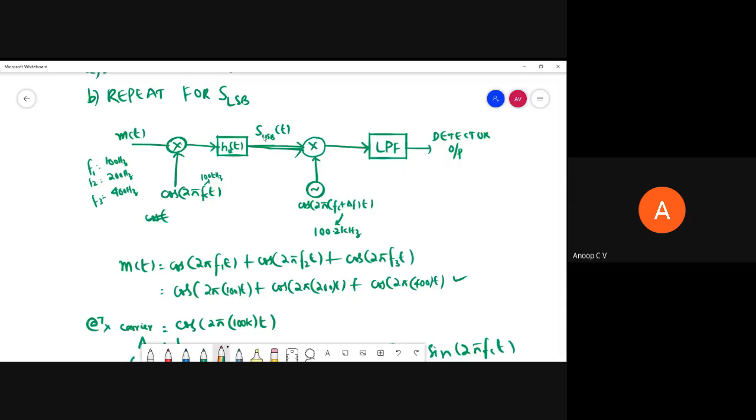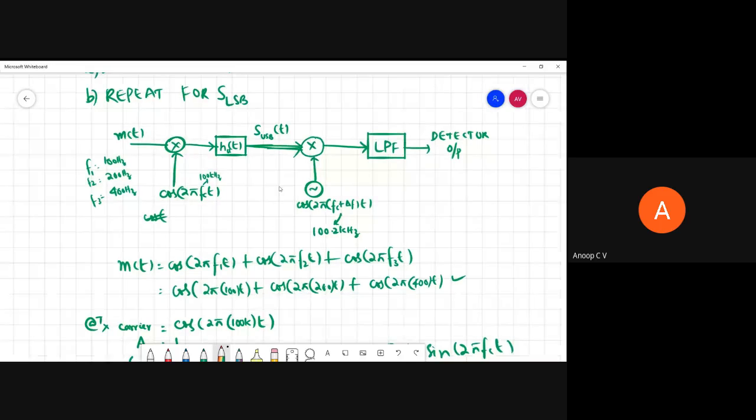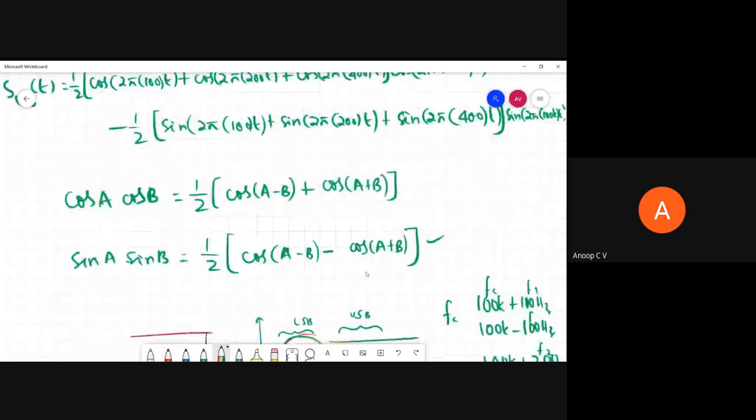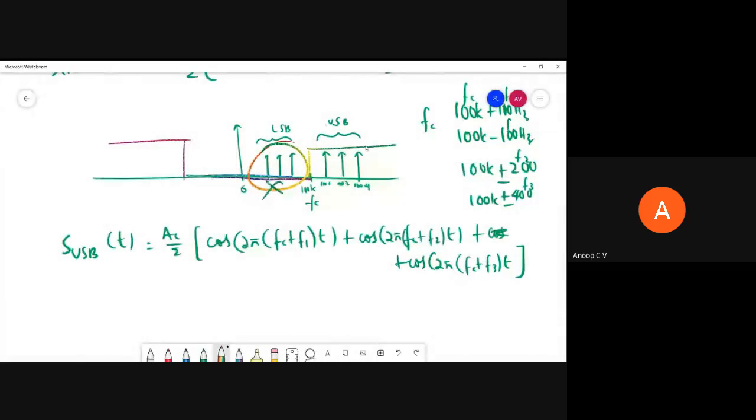So it will have only these components, 100.1 kilohertz, 100.2 kilohertz and 100.4 kilohertz, or you can write FC plus F1, FC plus F2 and FC plus F3.